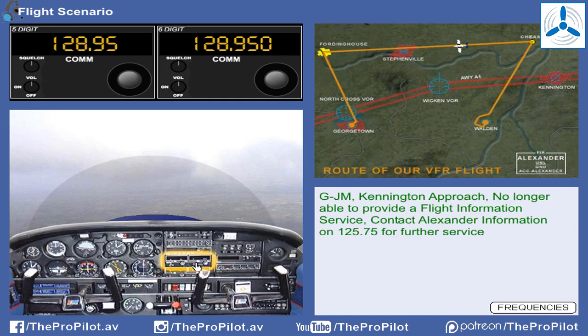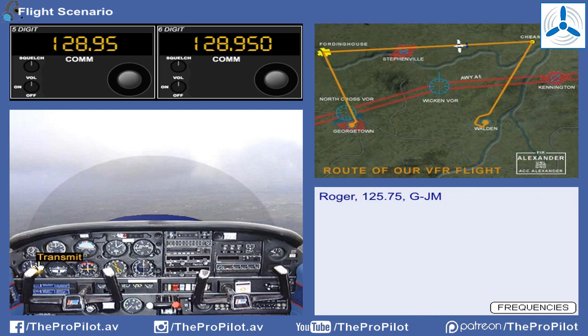Golf Juliet Mike, Kennington approach, no longer able to provide a flight information service. Contact Alexander Information on 125.75 for further service. Roger. 125.75, Golf Juliet Mike. Alexander Information, Golf Foxtrot Hotel Juliet Mike, for flight information service. Golf Juliet Mike, Alexander Information, go ahead.